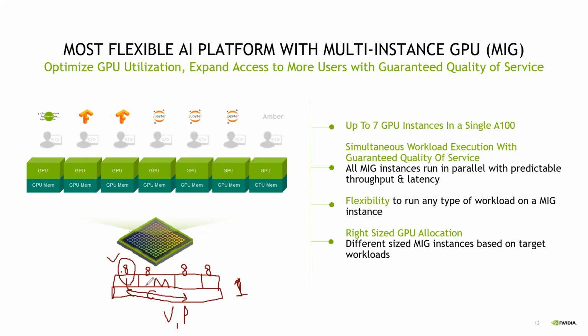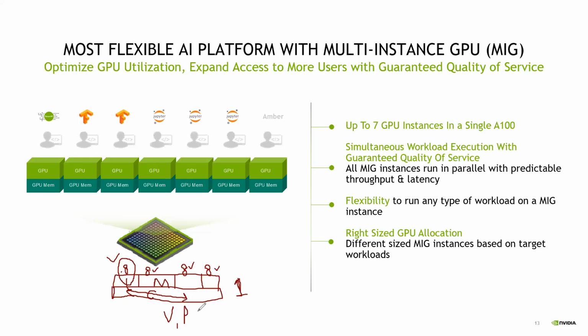Now these other users still have 8 GB of memory available to them, but they only have 20% of the cores available, because the cores were not differentiated, they were pooled and shared.